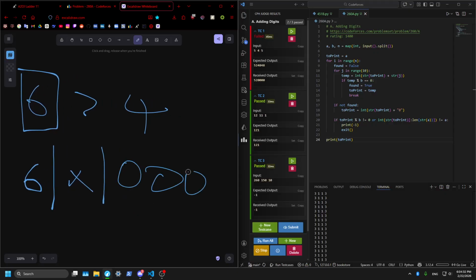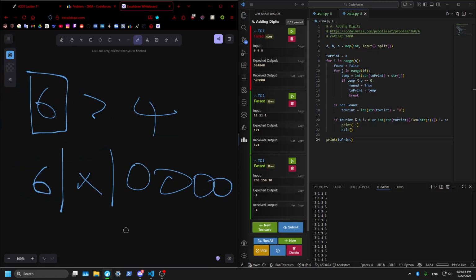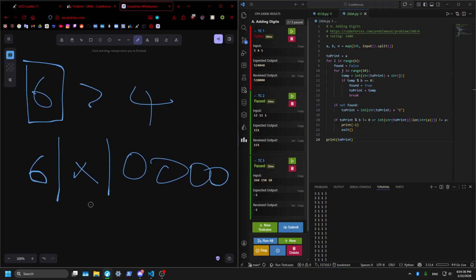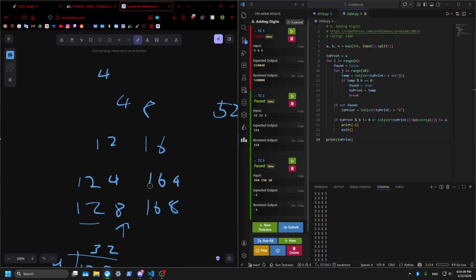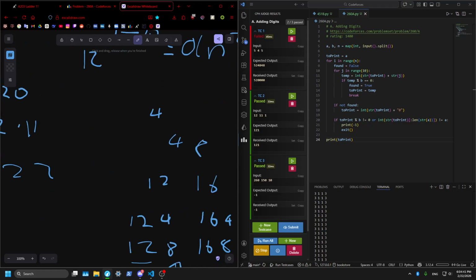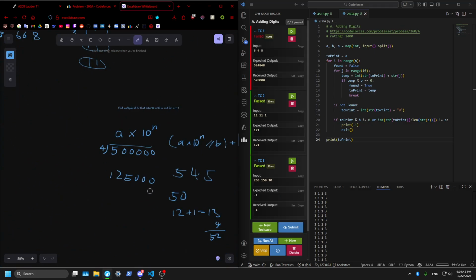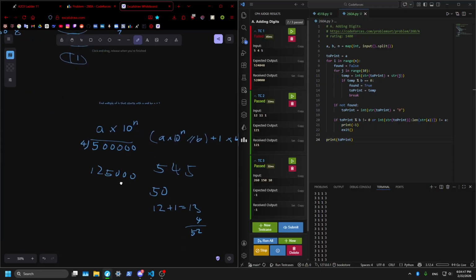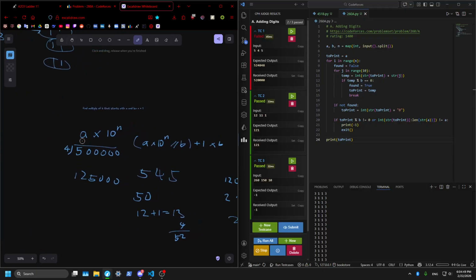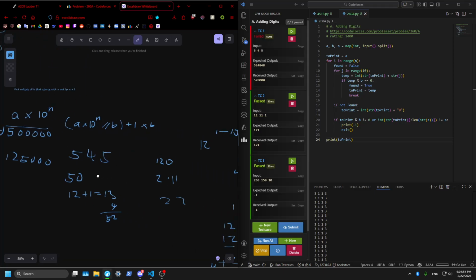And our last part is multiples of 10, because that's what we found out from this. It's always anything and then multiples of 10.